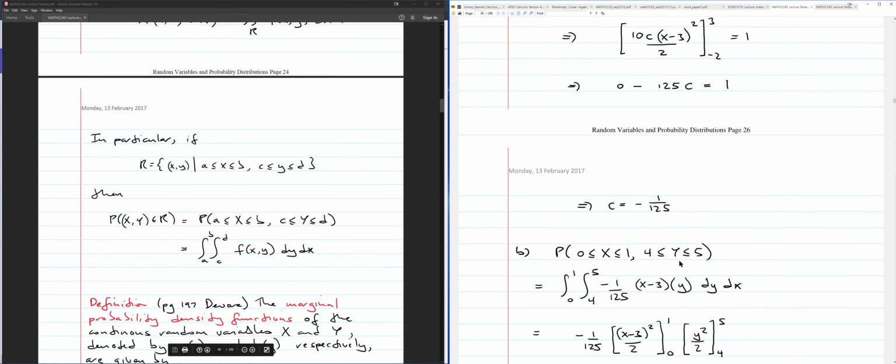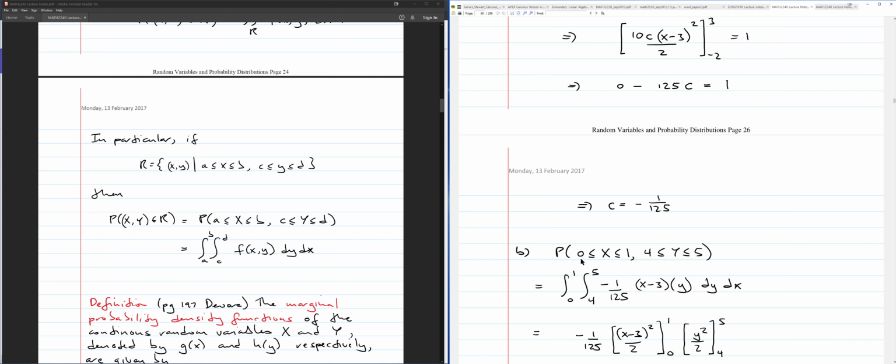Now I want to do this part over here. I want to get the probability that the random variable x takes values between 0 and 1, and the random variable y takes values between 4 and 5, right? Now you want to remember what this means.